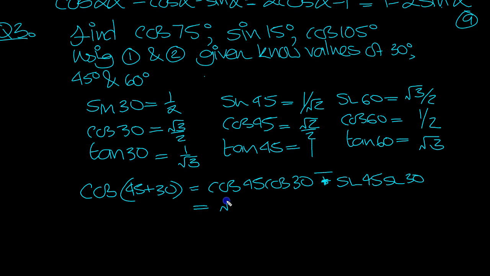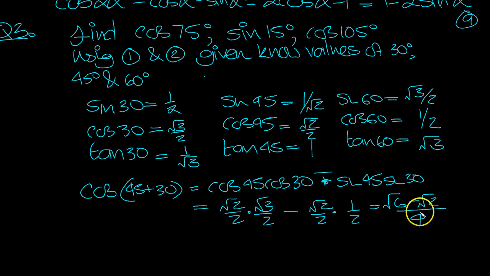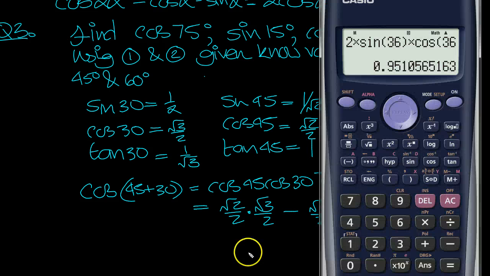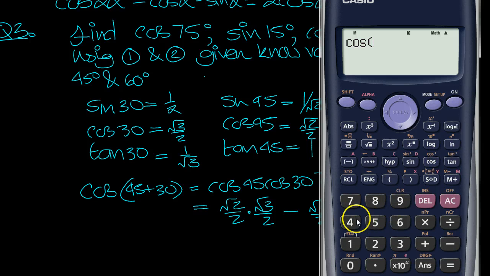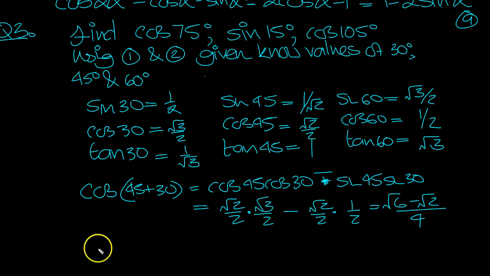Okay, cos 45 is root 2 over 2, cos 30 is root 3 over 2, minus sine 45, which we can write as root 2 over 2, and sine 30 is a half. So what do we get? We get root 6 minus root 2 over 4. And that's cos 75. Let's just type it in the calculator to check. Cos of 75, root 6 minus root 2 over 4, yeah, that's fine.